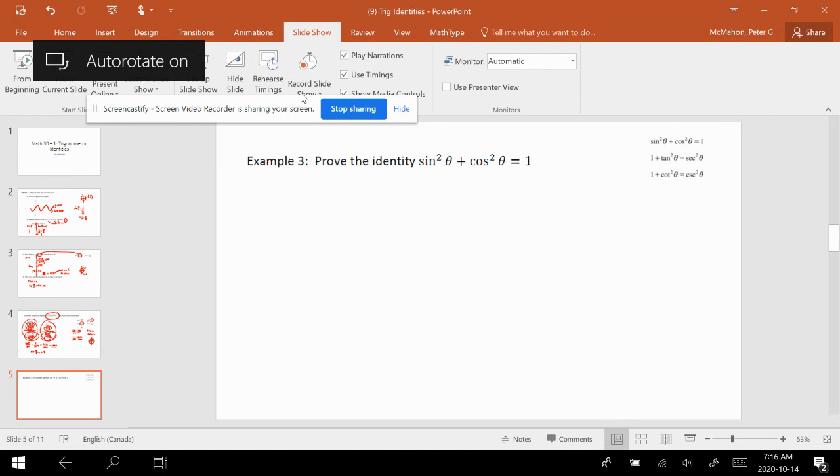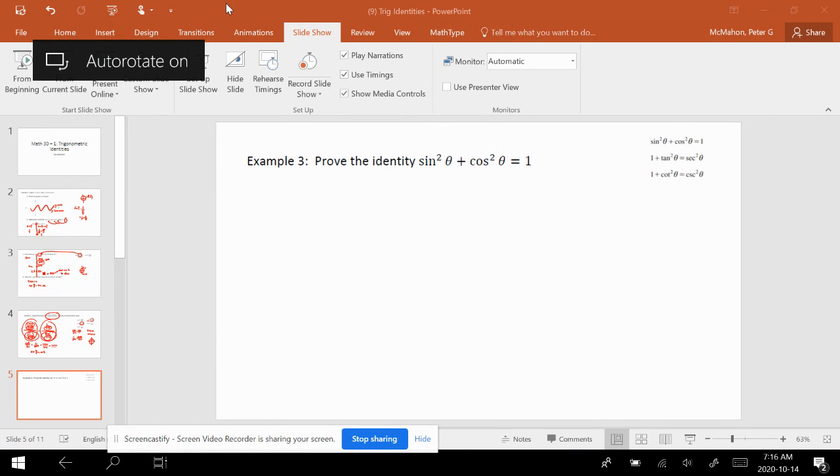Now, the way we're going to prove this one is we're going to use a little bit of coordinate geometry here.